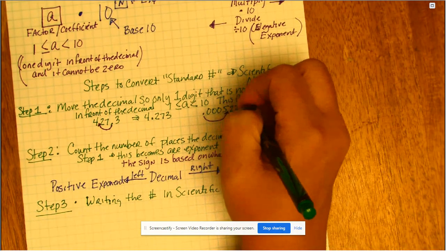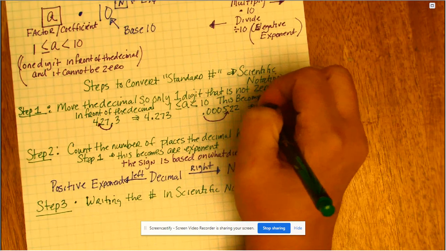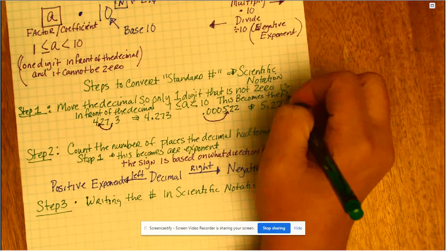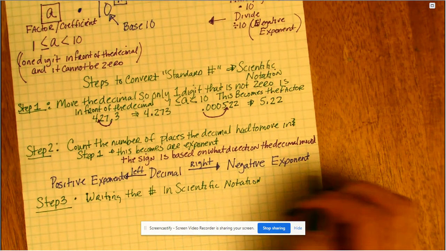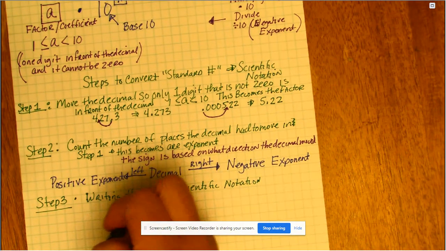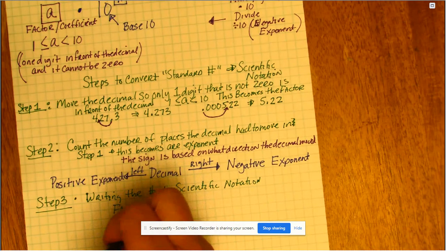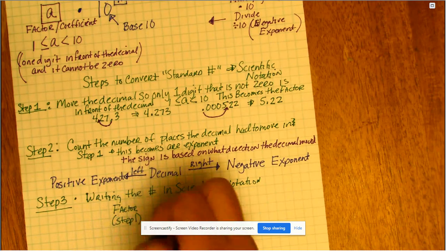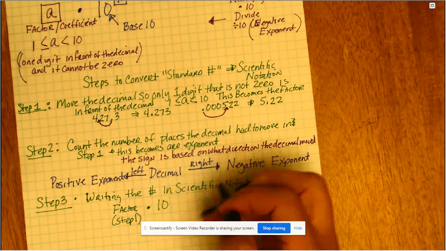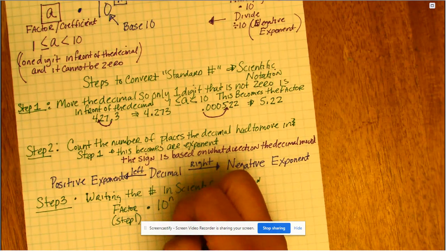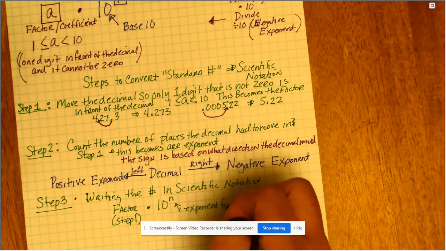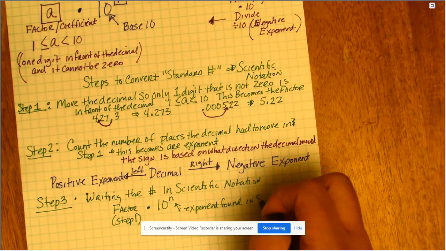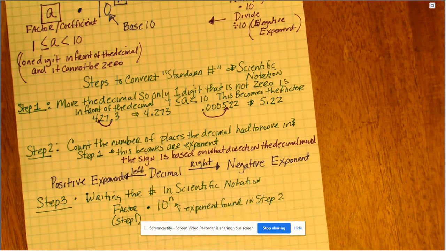This becomes the factor. Okay, so writing scientific notation by taking the factor that you did in step 1 and multiplying it by 10 to the exponent found in step 2. Okay.